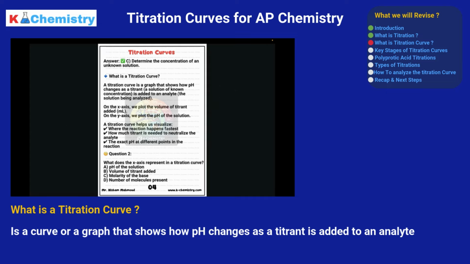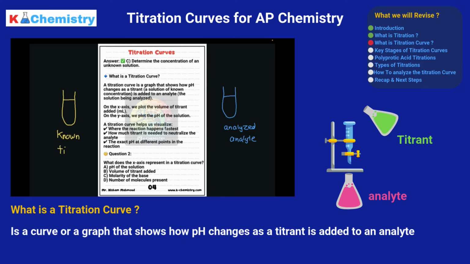The first one, whose concentration I don't know and which is being analyzed, is called the analyte. The other one, whose concentration I already know, is known as the titrant. So I add the titrant to the analyte so that I can know the concentration of the analyte.